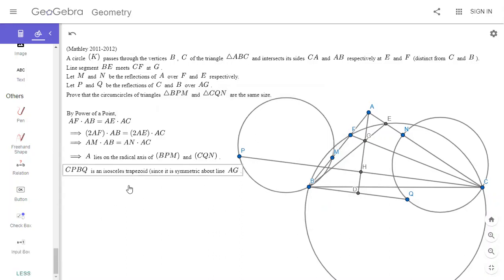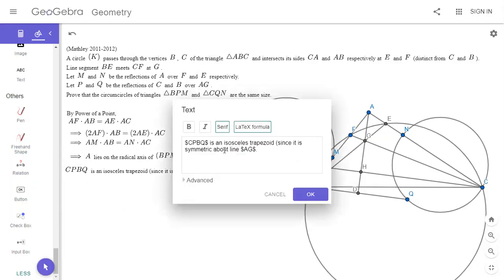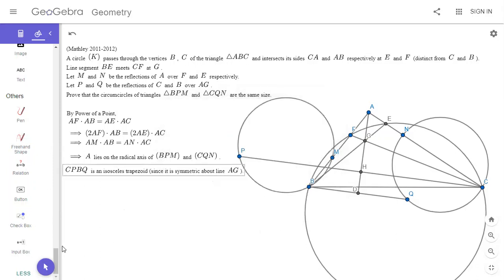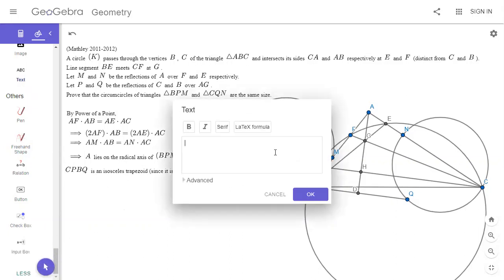Any quadrilateral that has a line of symmetry is an isosceles trapezoid. So that means CPBQ is cyclic.